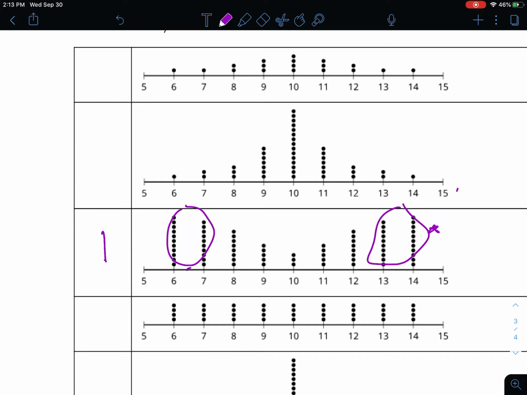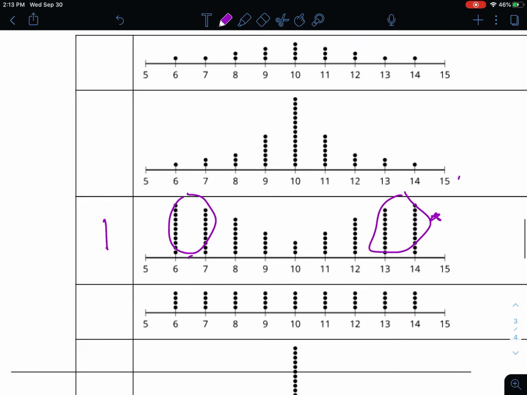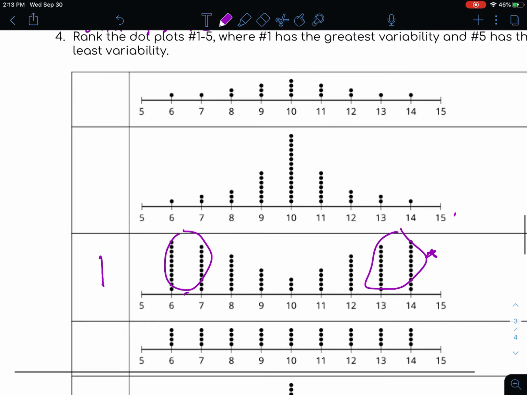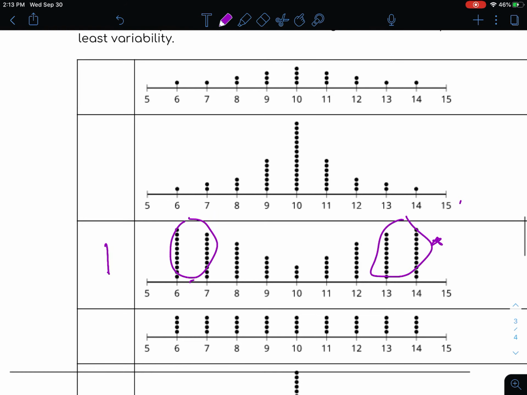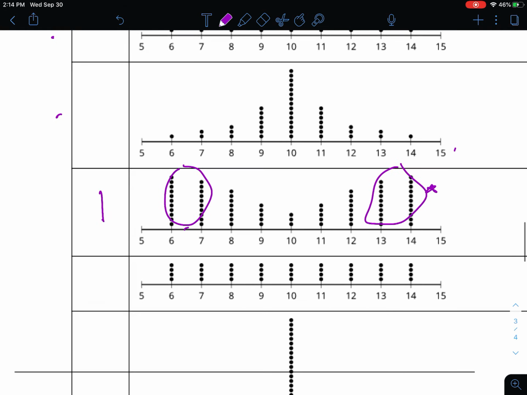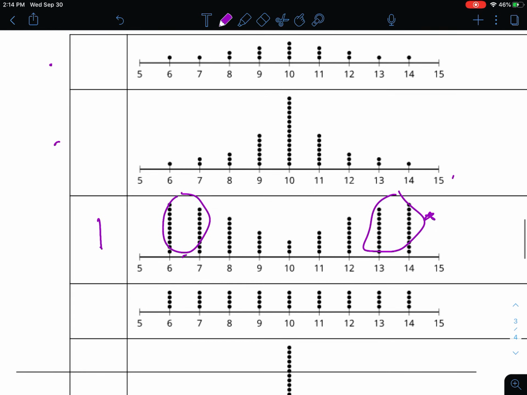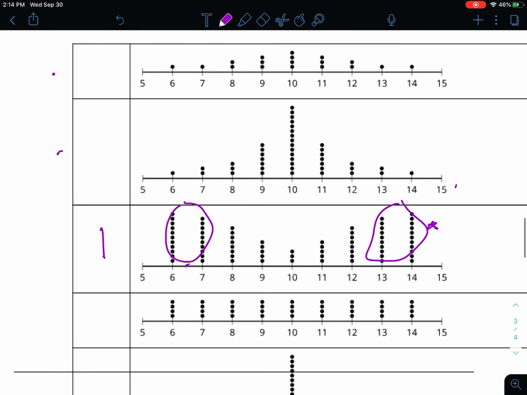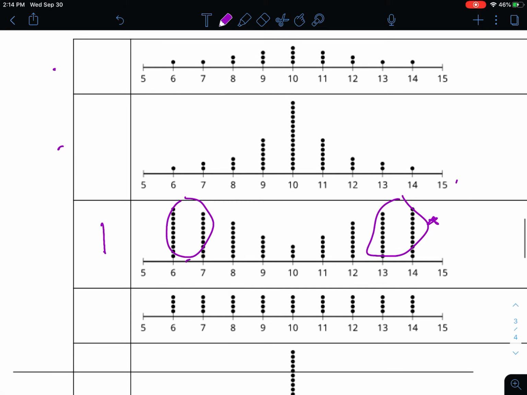Looking at the other ones that go from 6 to 14, are essentially everything except for the last one, I guess. But let's see, which ones are more variable? Notice that the first two here have some data that's kind of clumped together. So that indicates that kind of less variability would be there.